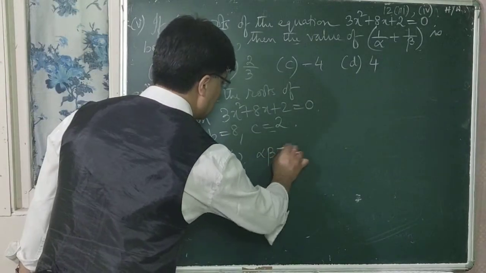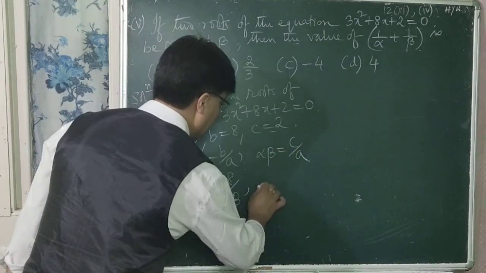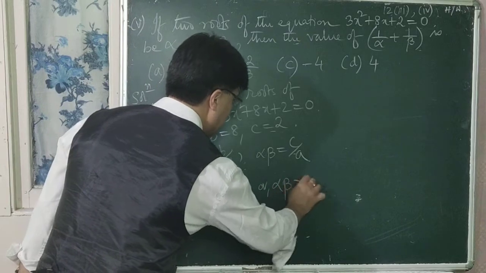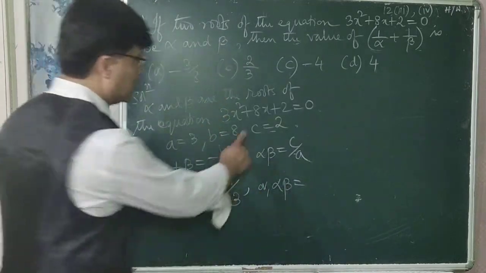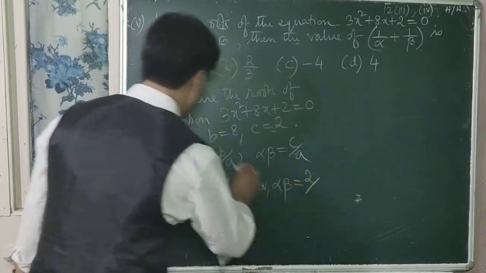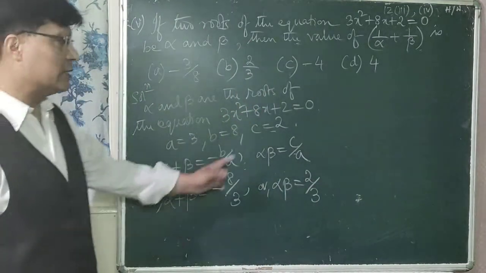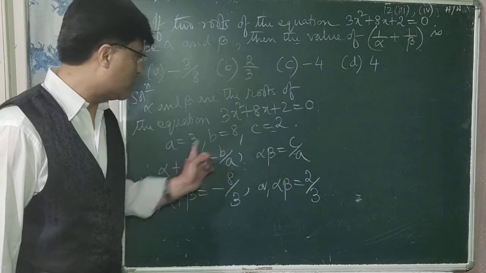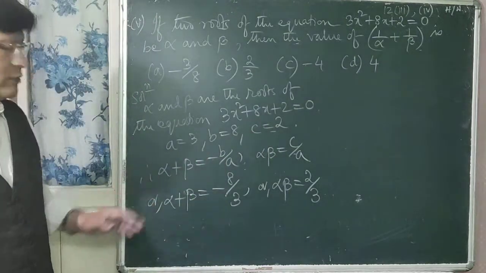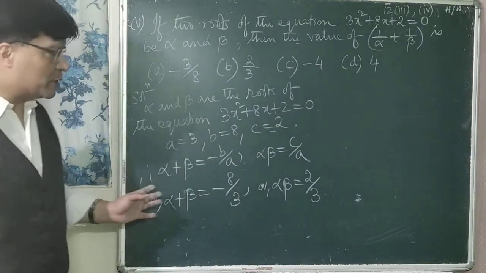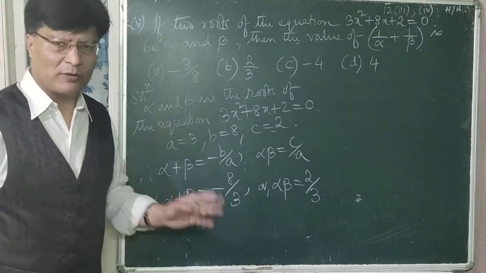Alpha beta is equal to c by a. The value for c is 2, divided by a, which is 3. So alpha beta is 2 divided by 3. So we have got the values of both alpha plus beta as well as alpha beta.